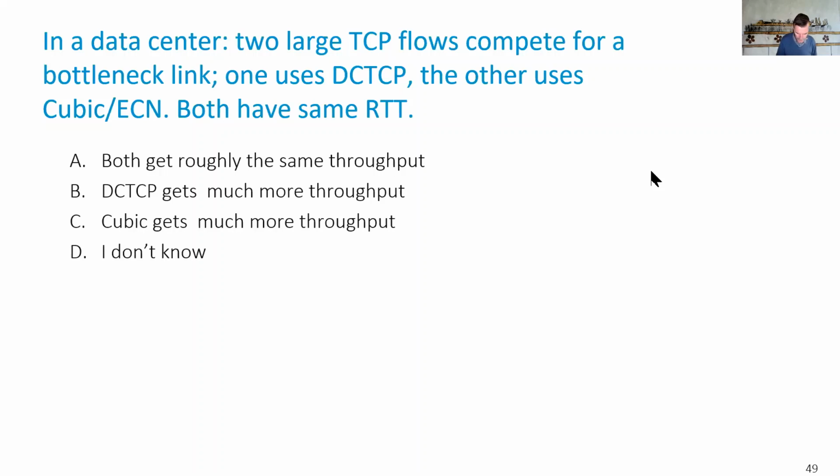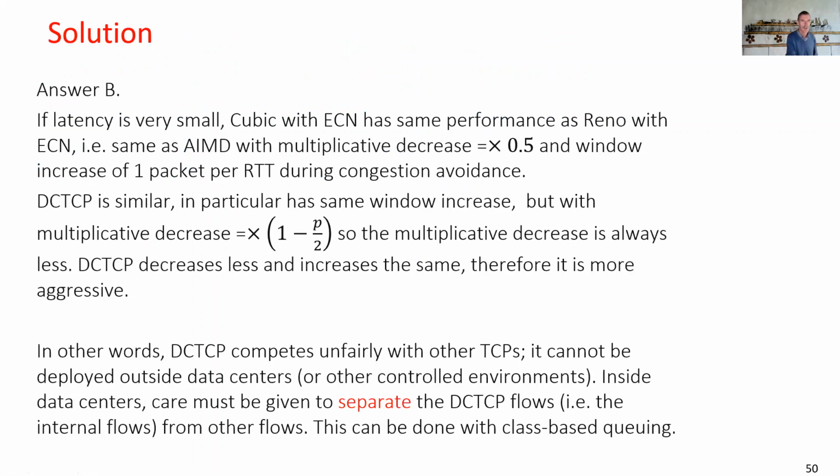It is the correct answer because, first, Cubic or Reno are probably the same in this setting. So we can compare to Reno, which is easier. Reno will decrease whenever there's a negative feedback by 0.5, whereas DC-TCP will decrease by (1 minus P) over 2. And the rest is the same.